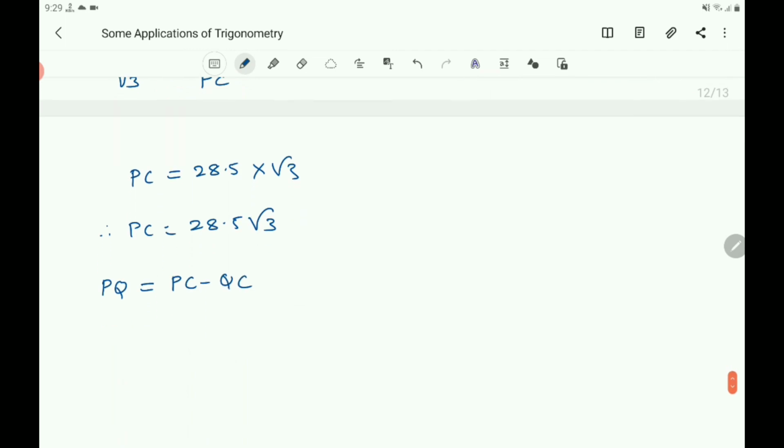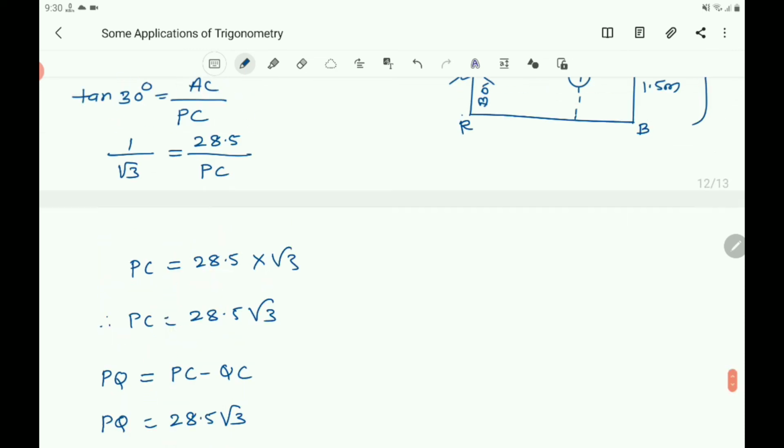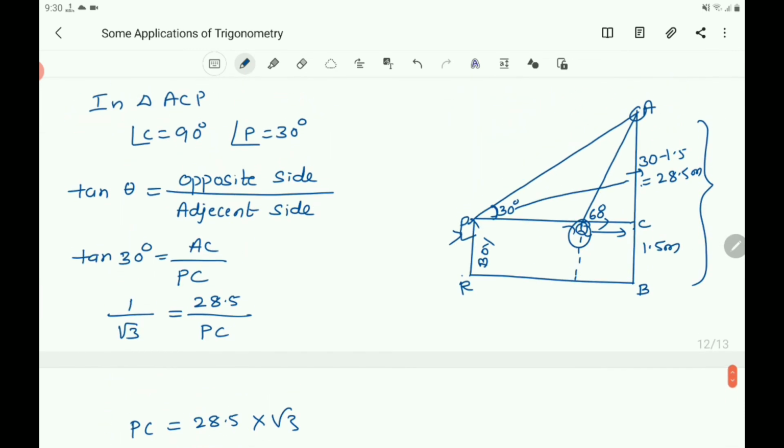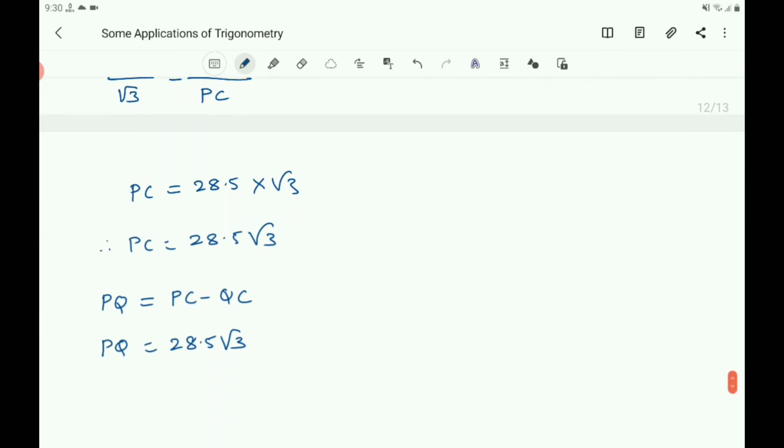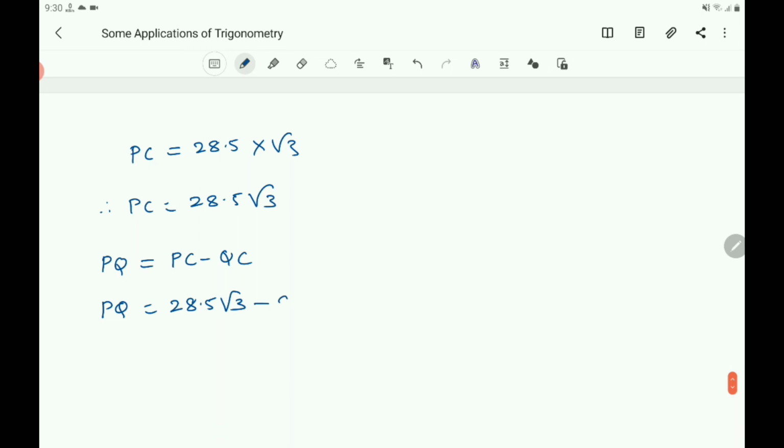PQ equals PC minus QC. PC is 28.5 root 3 and QC is 9.5 root 3. So PQ equals 28.5 root 3 minus 9.5 root 3.